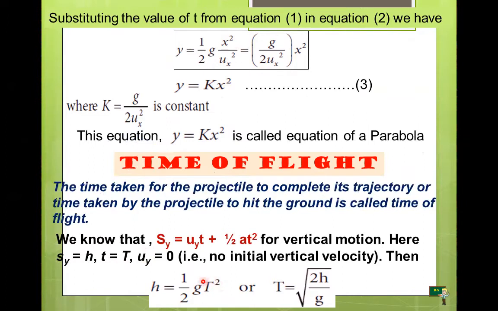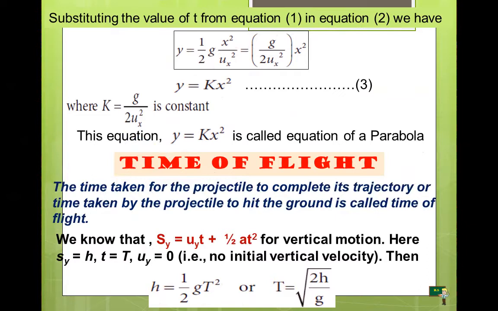Can you remember, if you take this T here and this g by h, then 2 comes on the left-hand side, giving 2h by g, and if you take the square root on the right side, then it becomes root of 2h by g.